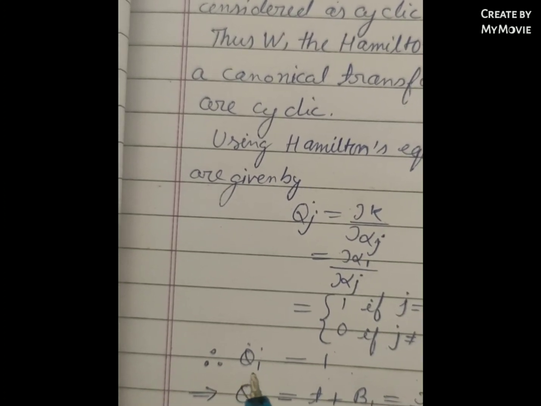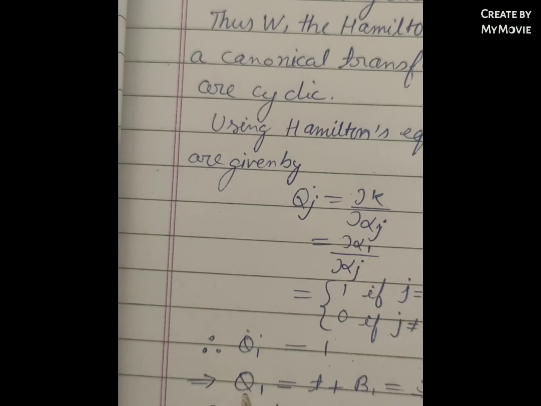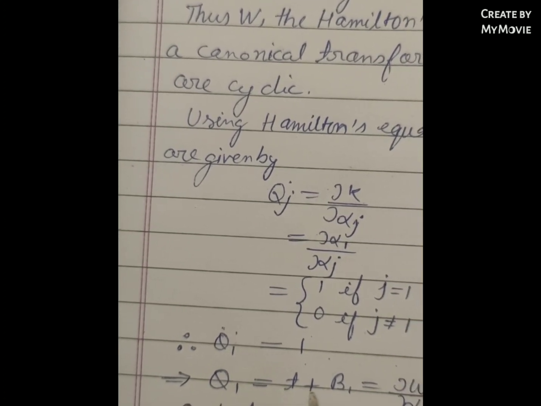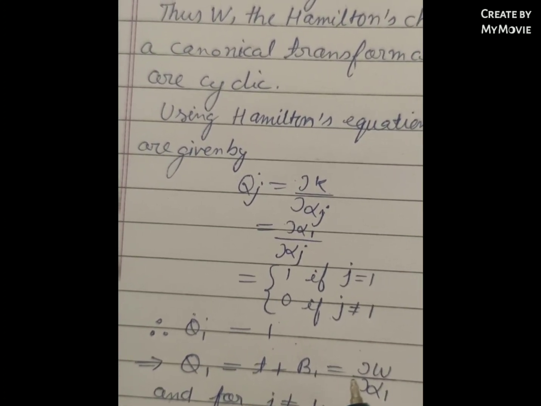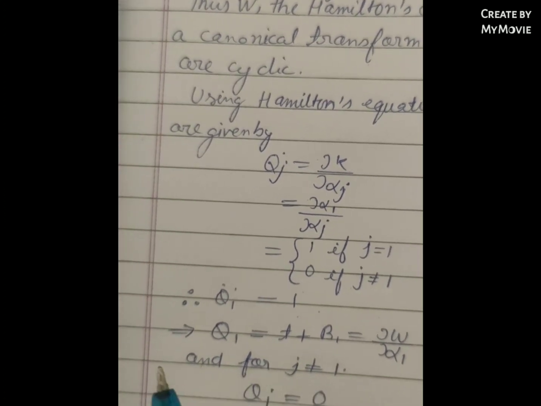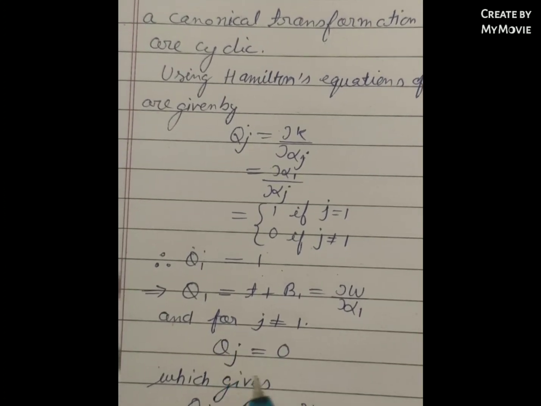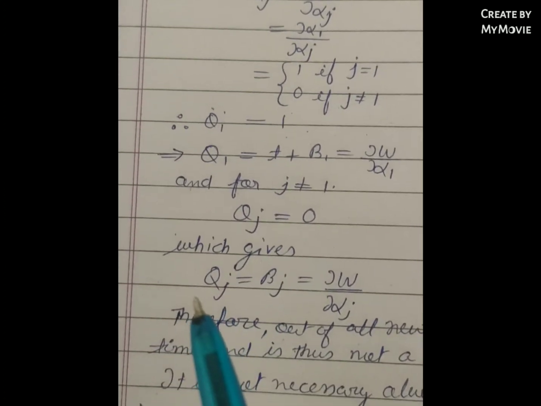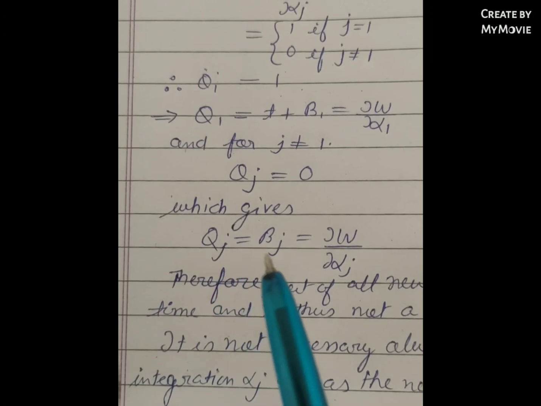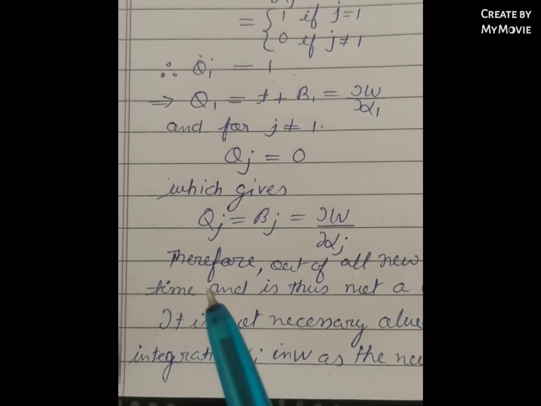So Q̇1 = 1, which implies Q1 = t + β1 = ∂W/∂α1, and for j ≠ 1, Q̇j = 0, which gives Qj = βj = ∂W/∂αj.